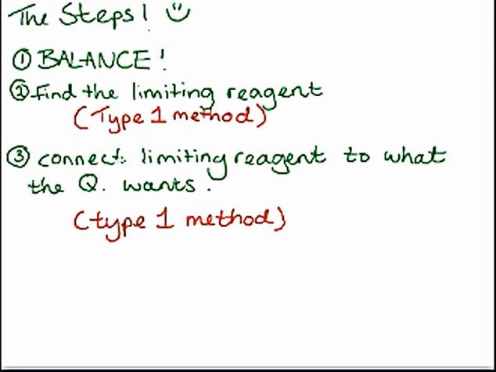The third thing is, after you find the limiting reagent, you connect it to what the question wants using the type 1 method again. It's only 3 steps. It's really easy and simple. So we'll do the first step first, which is balancing the equation.